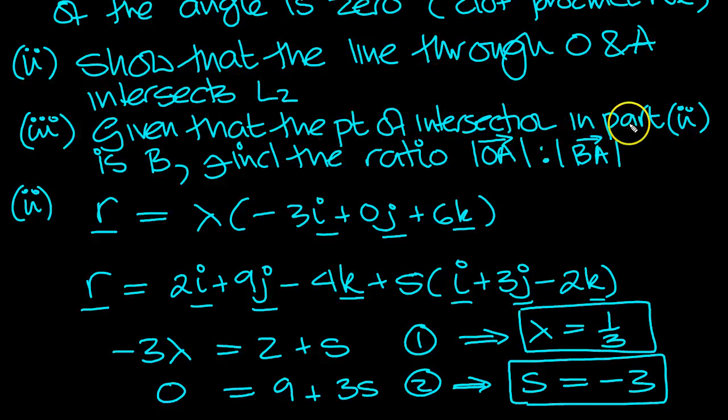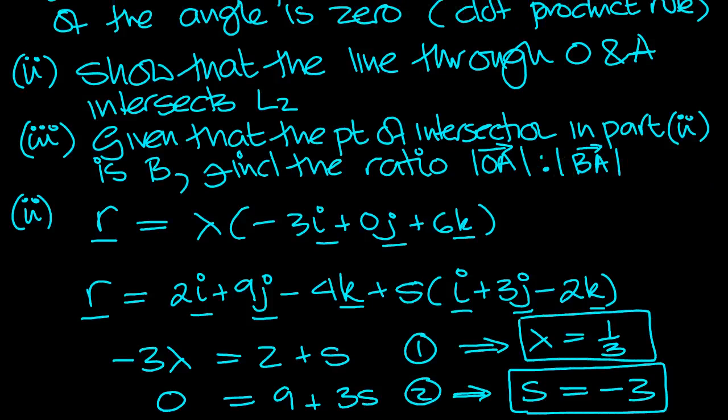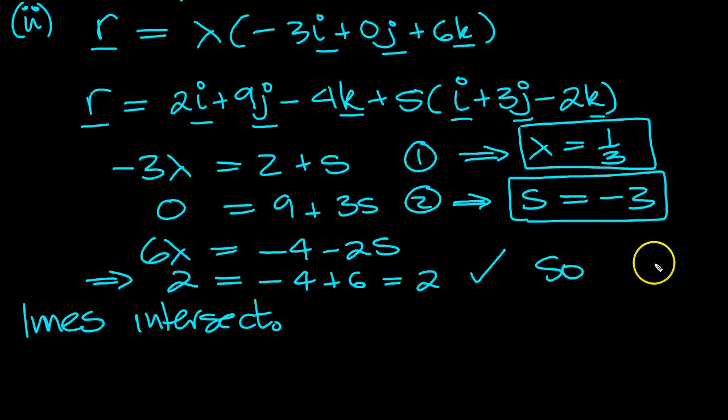Given that the point of intersection in part 2 is B, find the ratio of OA to OB. So we need B then. So here we can put part 3. What are the coordinates of B?